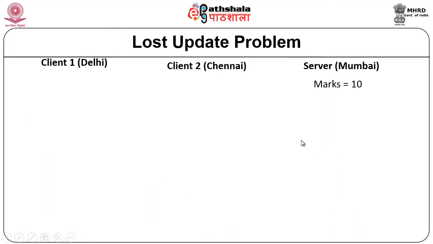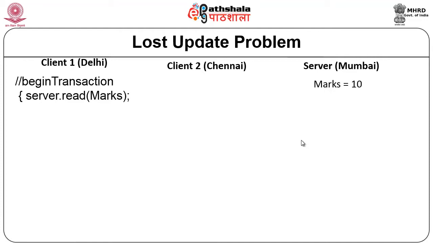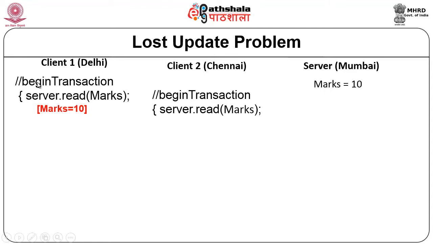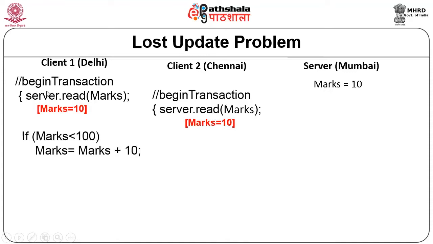Now, a lost update problem happens if they execute like this. Client 1 reads the data, so marks 10 has come, and then client 2 starts concurrently and reads the data; the value will be 10. Now, client 1 executes its calculations, and its marks on its own machine becomes 20, and it writes back.